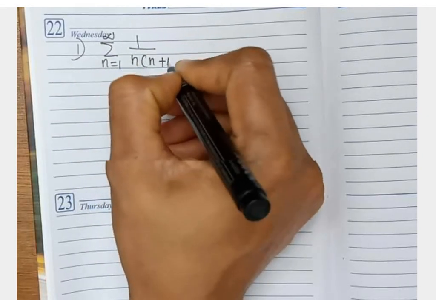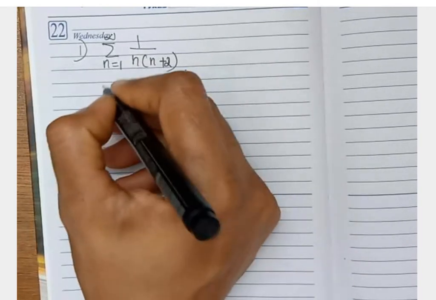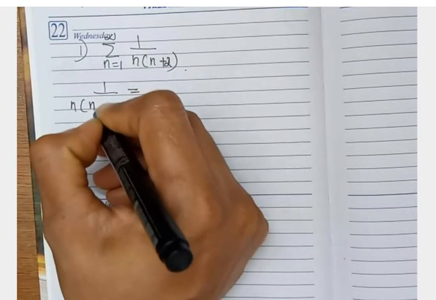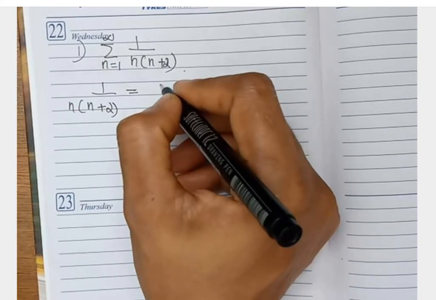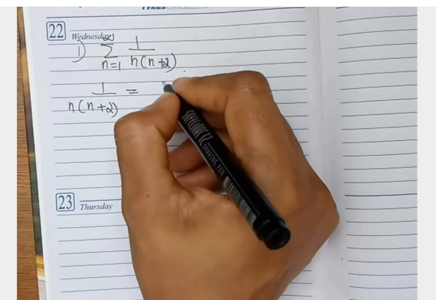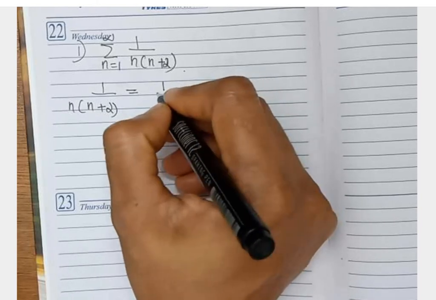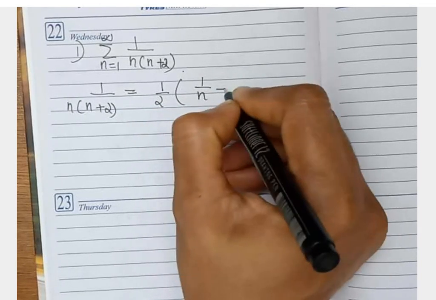This can be written as 1 by n into n plus 2, which is equal to 1 by 2 into 1 by n minus 1 by n plus 2.